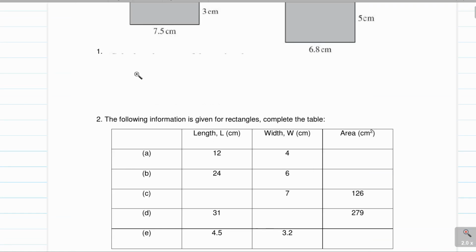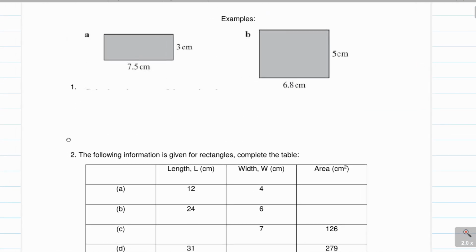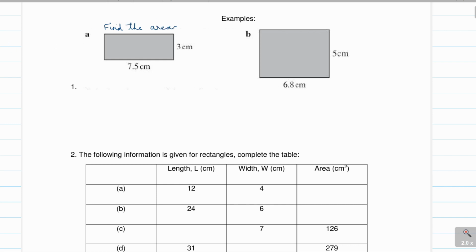Alright, so let's look at some examples here. We need to find the area of these shapes. Alright, so we're going to find the areas of A and B. We know that the area is the formula length multiplied by the width.